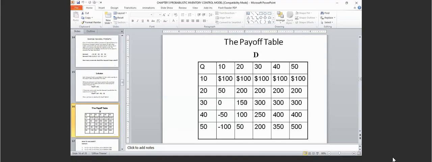For the second cell with the expected demand of 20 units, let's say here we have 30 units of item on hand and we are able to sell 20 units of the ornament to our customer.